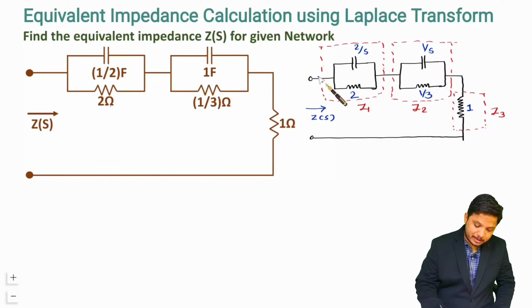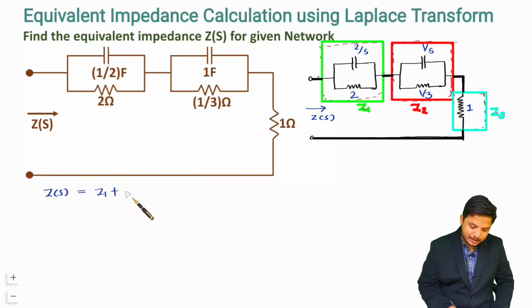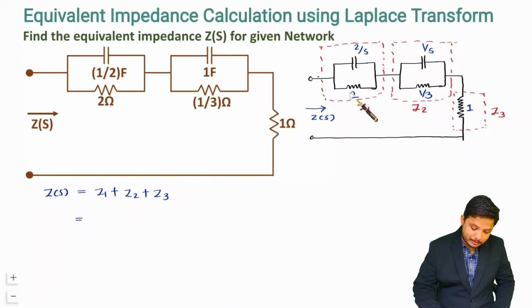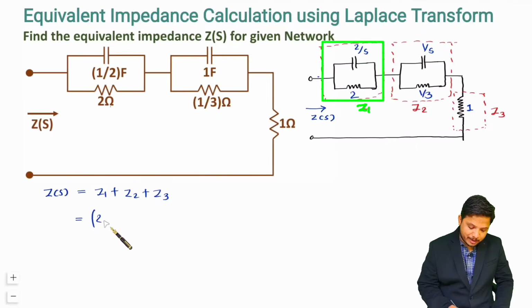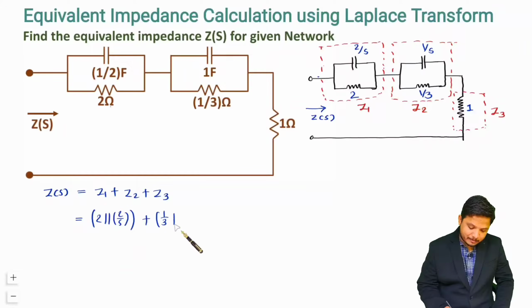So what is Z of S? It is the series combination of Z1, Z2 and Z3, meaning Z1 plus Z2 plus Z3. Now what is Z1? That is 2 parallel 2/S. Z2 is 1/3 parallel 1/S. And Z3 is 1.